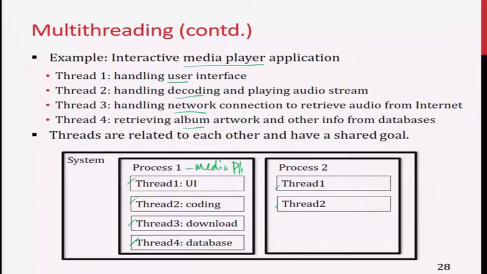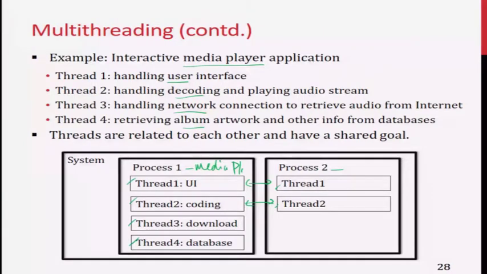Process 2 may be another process that is also related to media playing. Just like in your handphone, you may have different applications that fulfill the same objective. Correct? So in this process 2, you may also have a shared thread 1 and a shared thread 2.